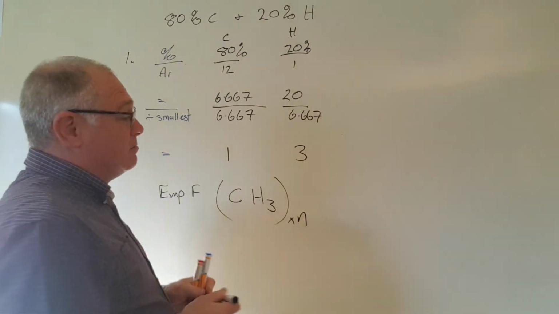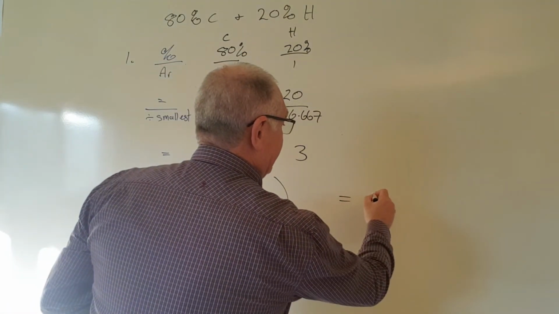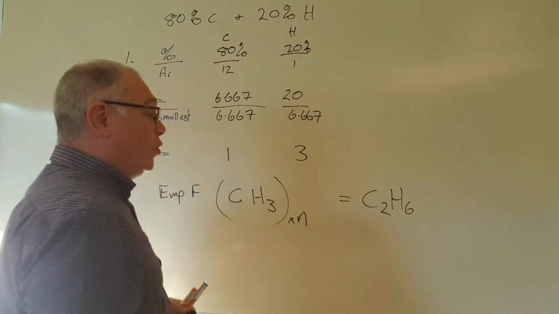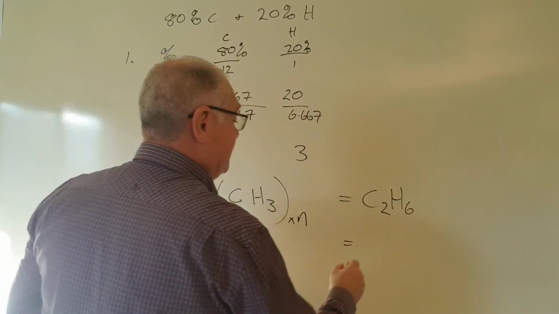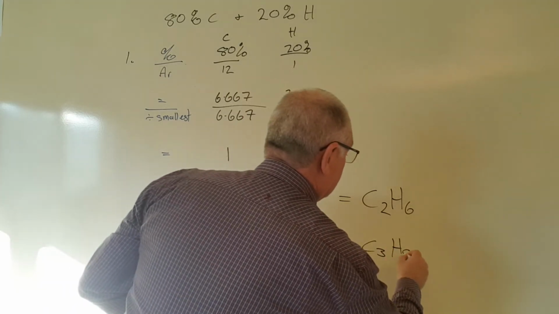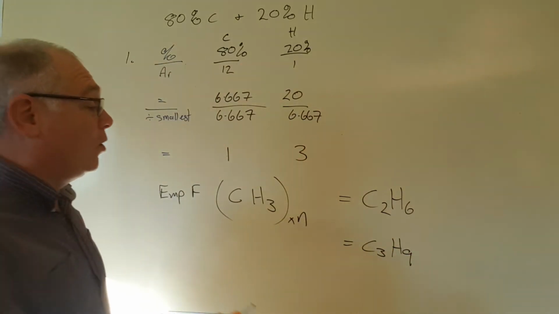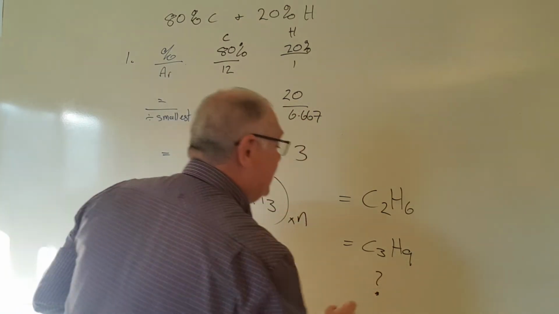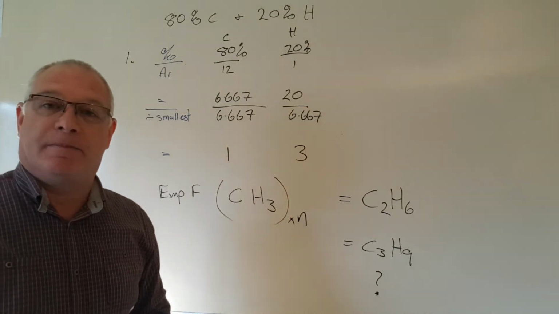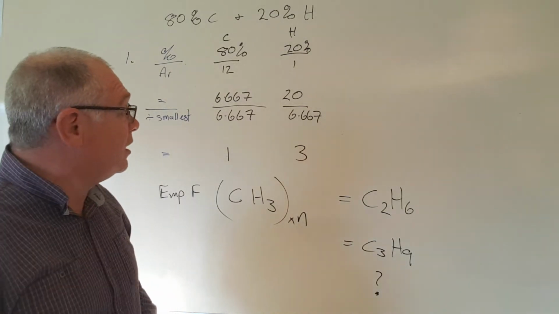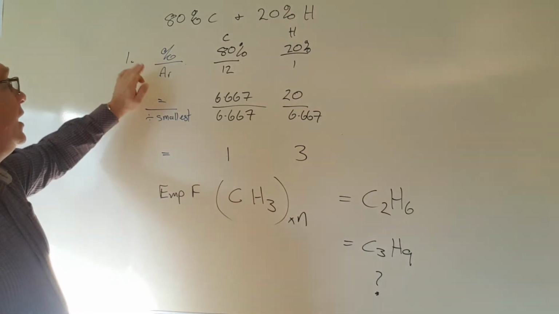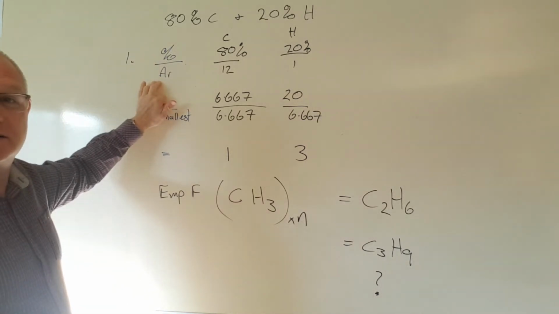We might multiply it by 2 and get C2H6, or we might multiply it by 3 and get C3H9, or we could get any combination as long as it forms some viable structure. So step 1 is to take the percentage and divide it by the atomic mass.